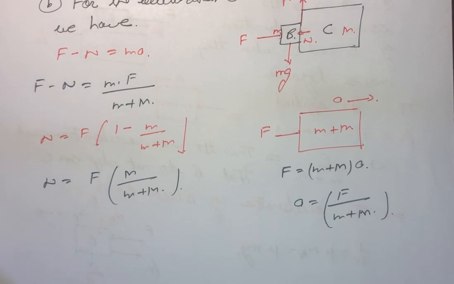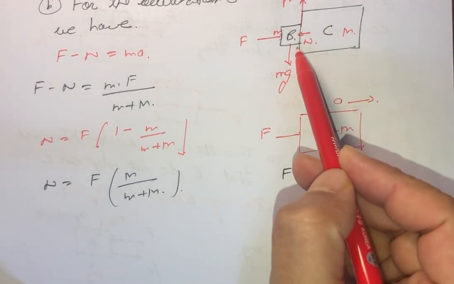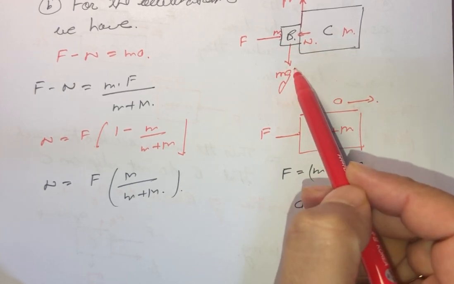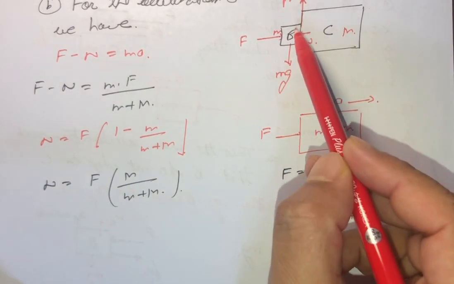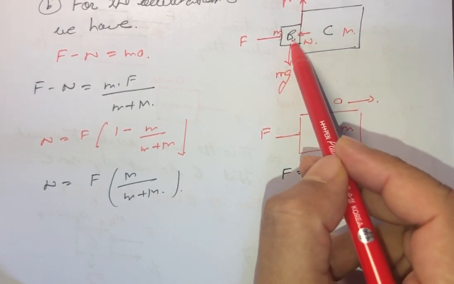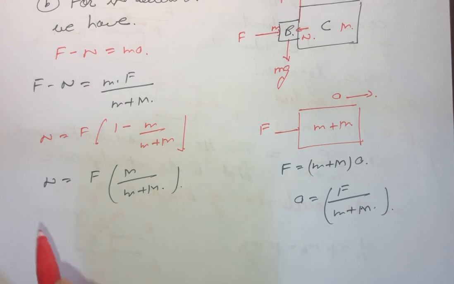And if you want that block B should not slide, then the vertical forces should be balancing each other, or rather we can say block B should be in equilibrium.